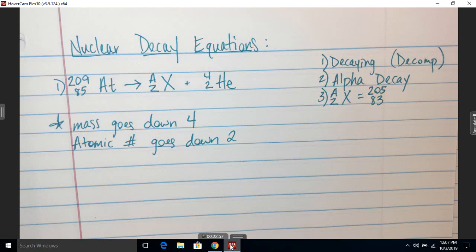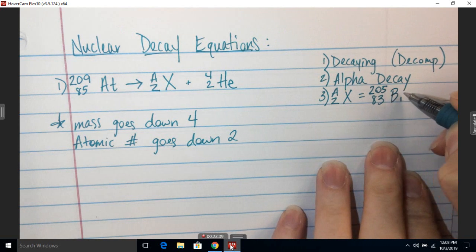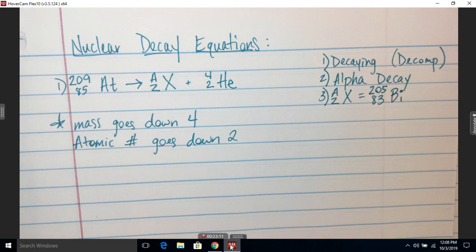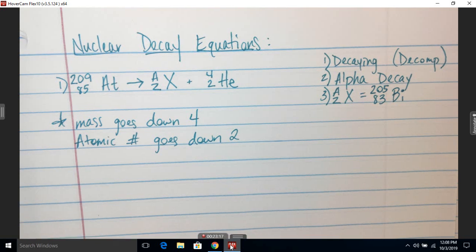Atomic number. So what element do I have? Bi. It's bismuth. How do we feel about that? Everybody's okay with that? It's relatively easy, right? Okay, let's go to number 2.